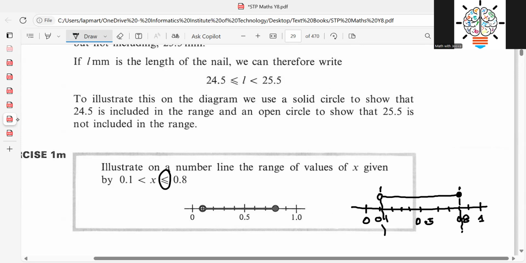You first draw the number line like this. You want to have the expanded version here, because if you just draw 1, 2, 3, 4, 5, there is no point, because we are not considering the whole numbers here. Instead, we do have the decimals. So you get the enlarged or expanded version, that is 0 to 1. In between 0 and 1, you have the decimals 0.1, 0.2, 0.3, 0.4.